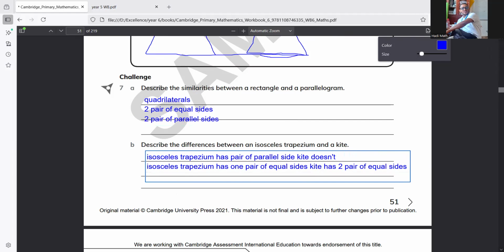Same thing we could say about the isosceles trapezium. Okay, the isosceles trapezium, we could say what?